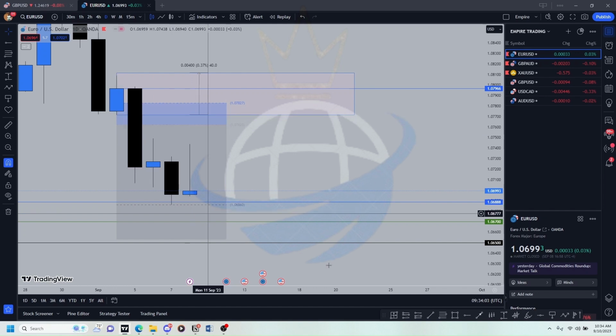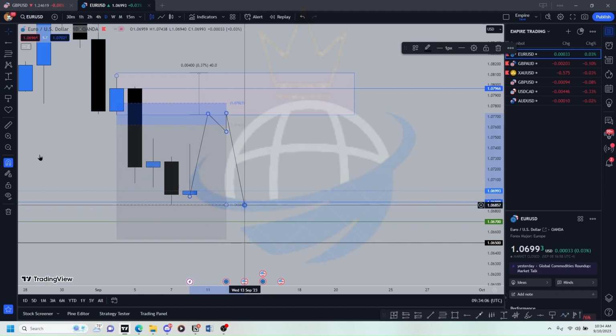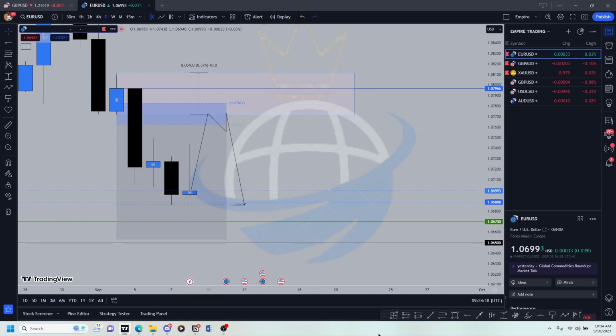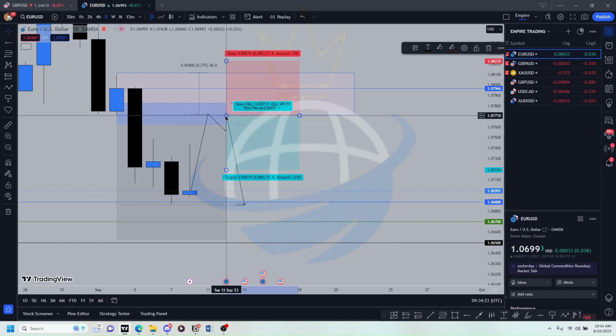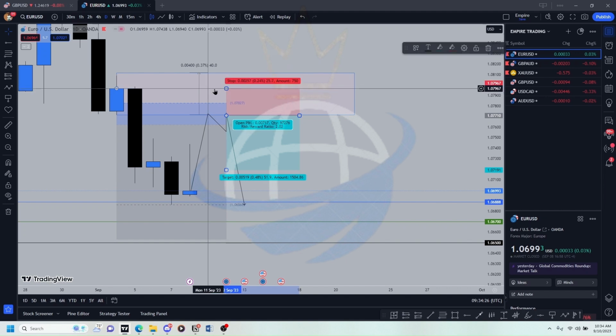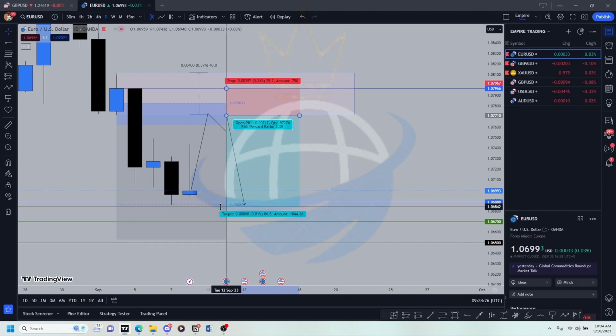If price comes back here, we could likely take positions from these regions. Let me turn off my magnets. We could take positions from this region and keep our stops just below the Fibonacci. This is a very clean position.